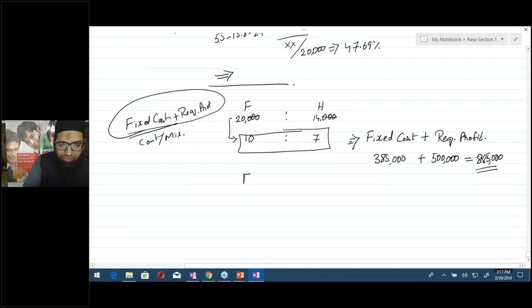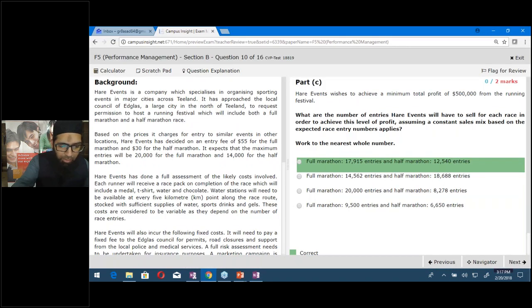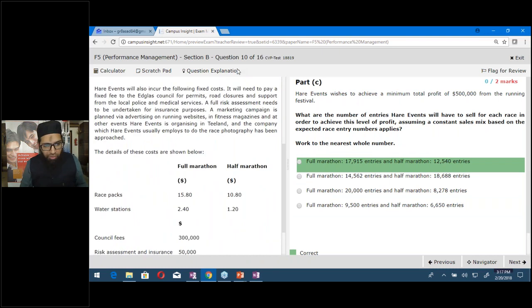We have two products, F and H. Selling price of F is 55 and H is $30, I guess. The variable cost as provided for full marathon is 15.8 plus 2.4, which is 18.2.